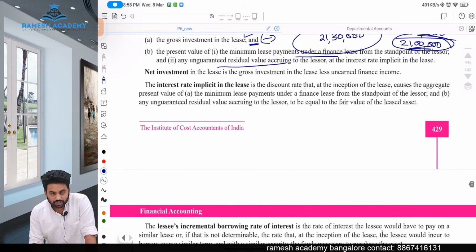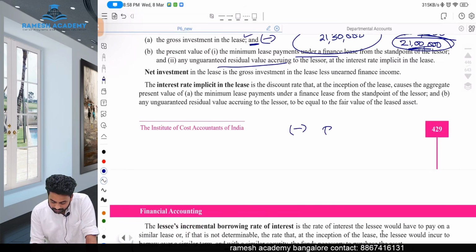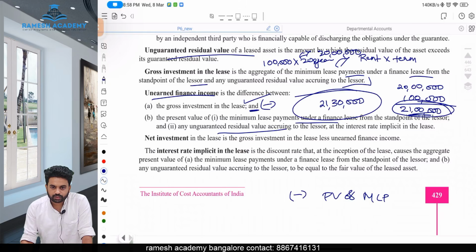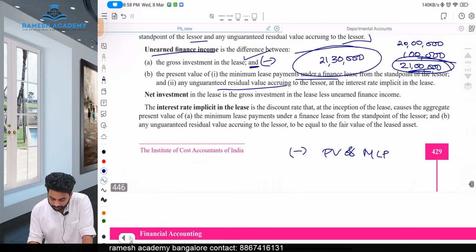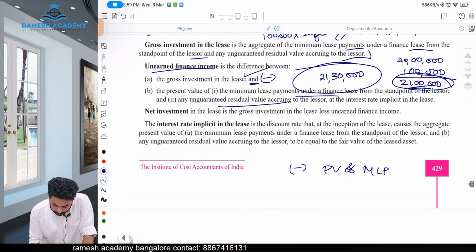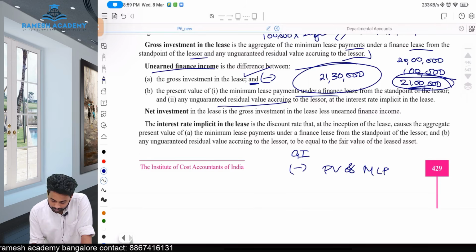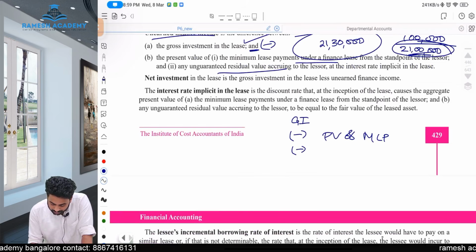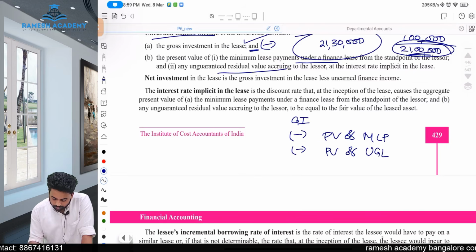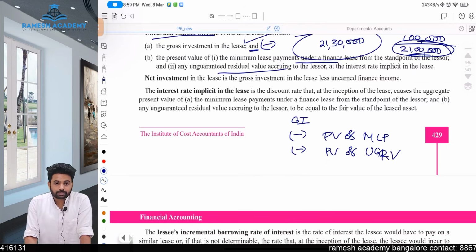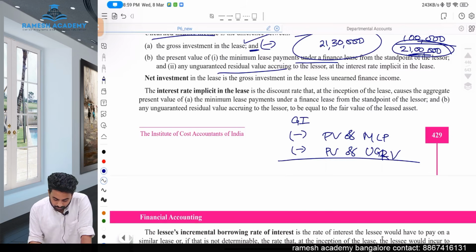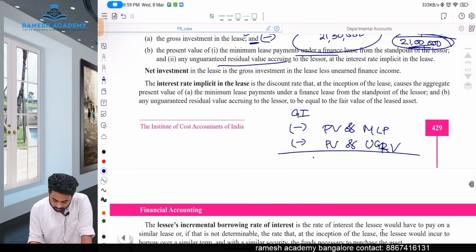So gross investment minus present value of minimum lease payment minus present value of unguaranteed residual value will give you unearned finance income.